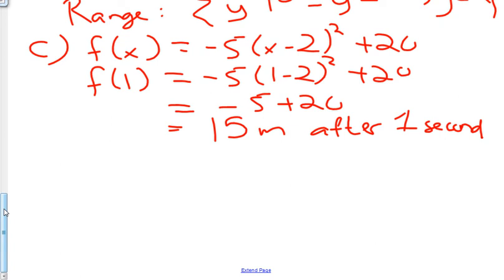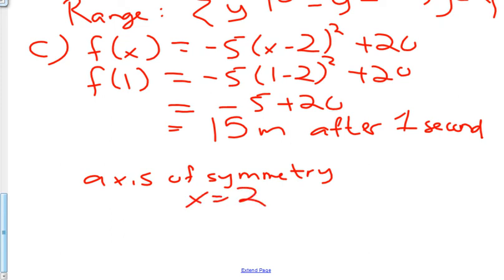That occurred obviously as the ball was rising. The equation of the axis of symmetry is obviously x is equal to 2, because that's the x-coordinate from our vertex. So symmetry provides the point. If it was 1 comma 15, my axis of symmetry is going to be 2, so the other point should be 3 and 15.